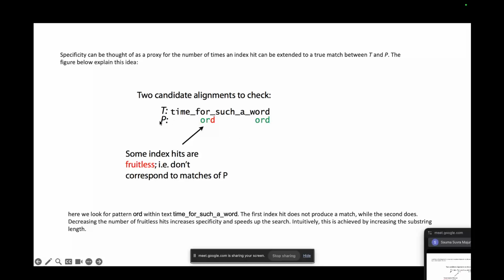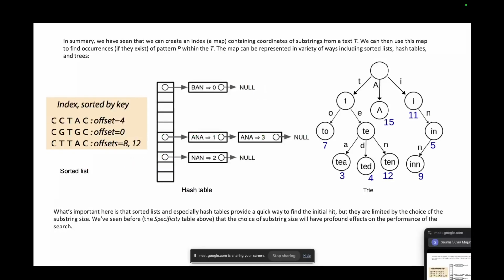P is a pattern, T is a text. So in the text, you're trying to find the pattern. The text is your reference, the patterns are your reads. So some indices will not have matches, but some indices will. There will be a list of indices corresponding to your read, and then you can go back to those locations and check for the reads itself.